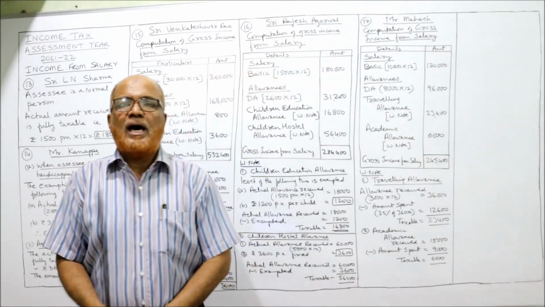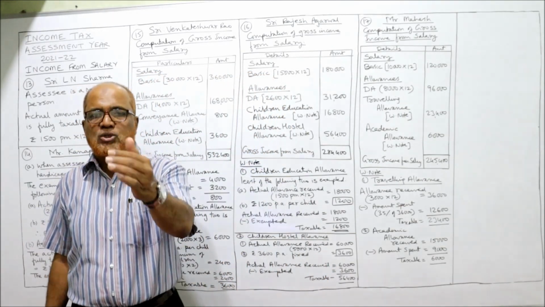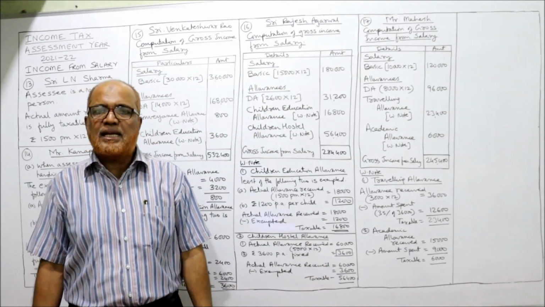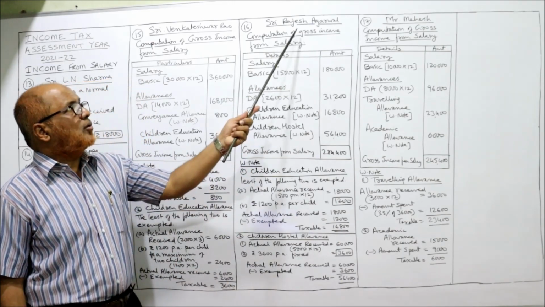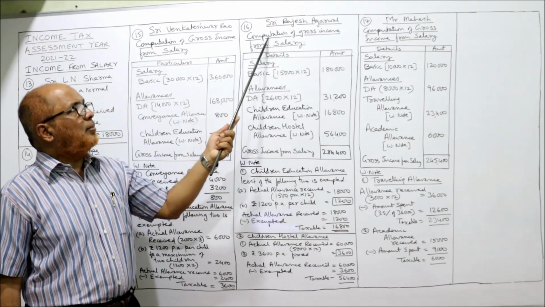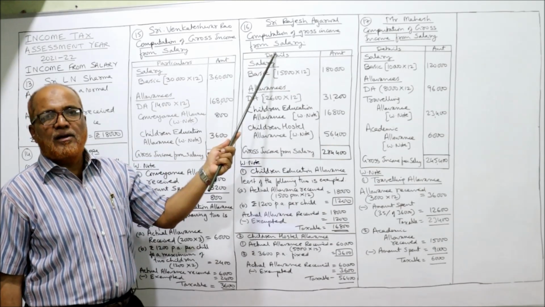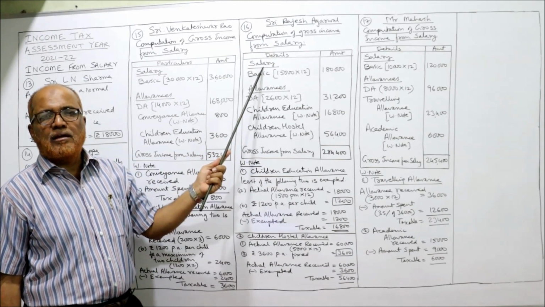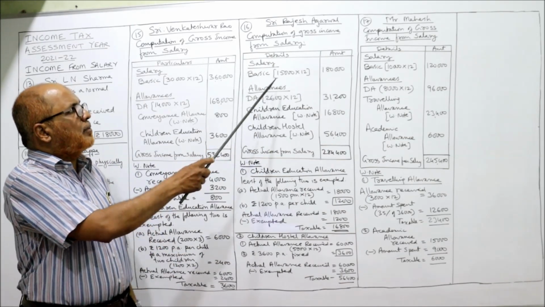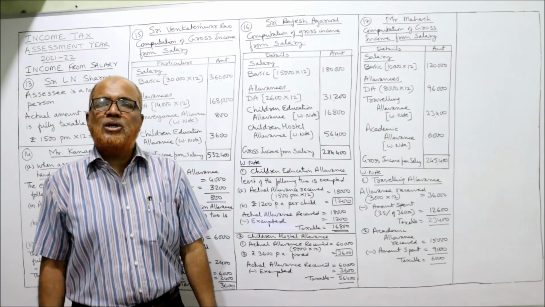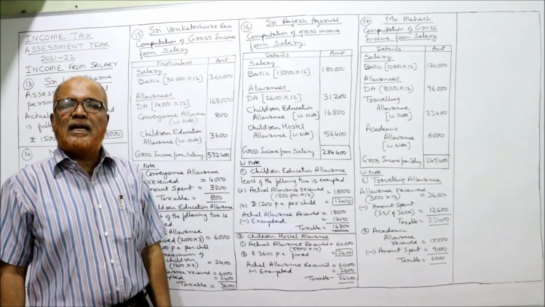In this case, 2 allowances we have to find out: children education allowance and children hostel allowance. So computation of gross income from salary of Rajesh Agarwal. First, take basic salary, 15,000 per month into 12, 1,80,000.